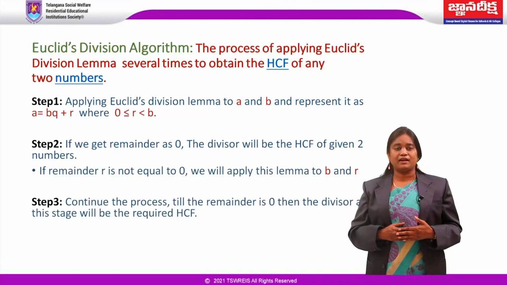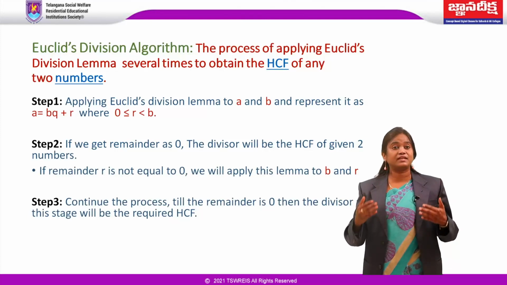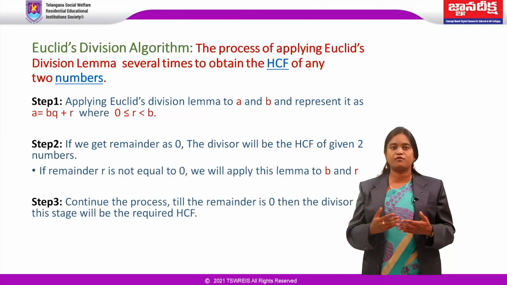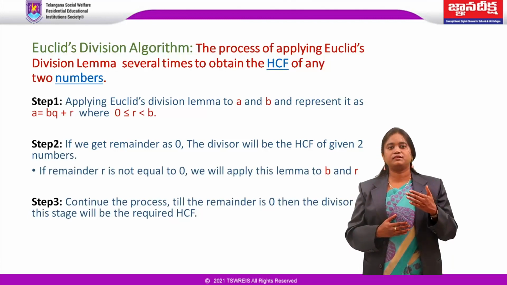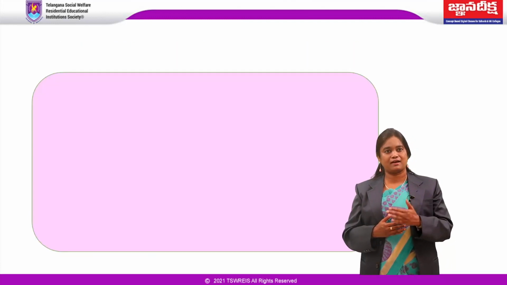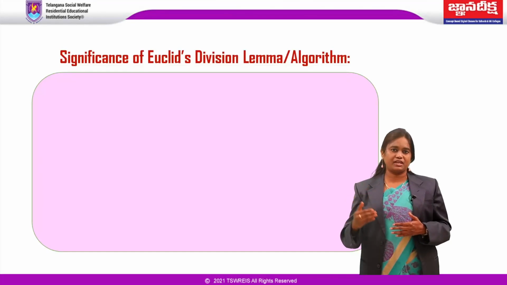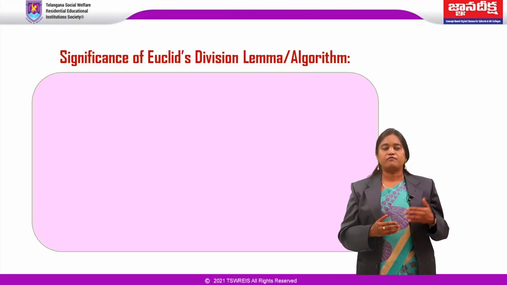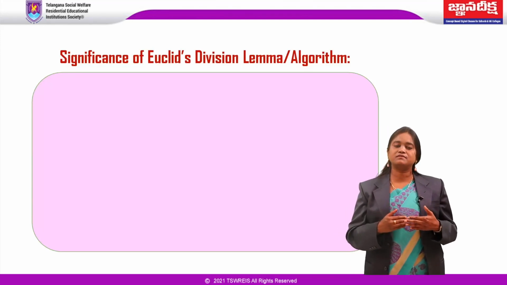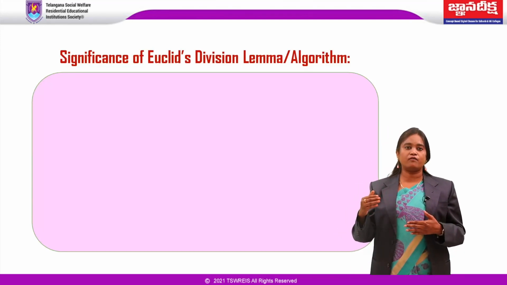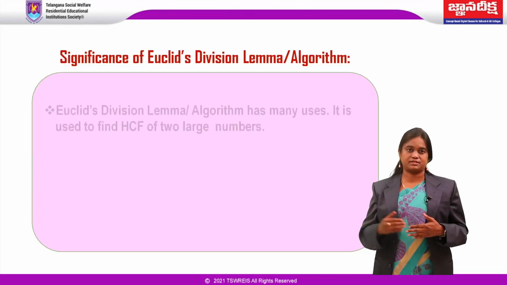You must be thinking, what is the real life significance of finding the HCF of two numbers, right? Euclid's division lemma or algorithm has several applications related to finding properties of numbers. It is used to find the HCF of two large numbers.